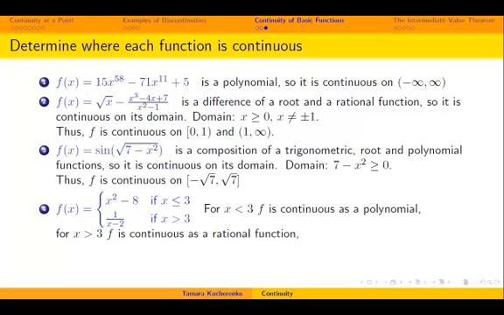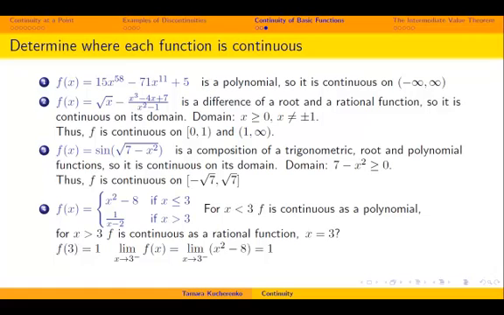So the question is, what happens at 3? f of 3 equals 3 squared minus 8 equals 1.